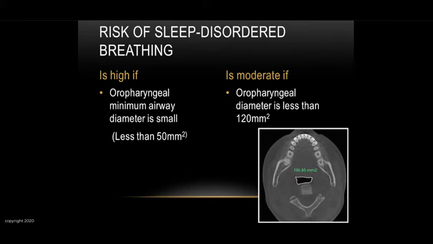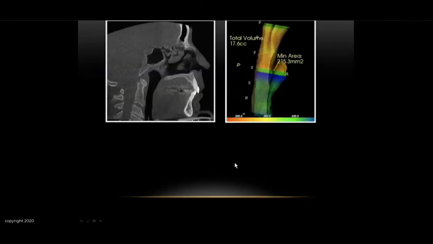But knowing how large this airway is will give you an idea of what the risk is for sleep disordered breathing. And usually if you have a really tiny airway, about 50 millimeters squared, that indicates a higher risk of sleep disordered breathing, whereas you have a moderate risk between 50 and 120. As it gets larger, then the risk decreases. But that doesn't mean that you can't have an apneic episode if you have a large airway.